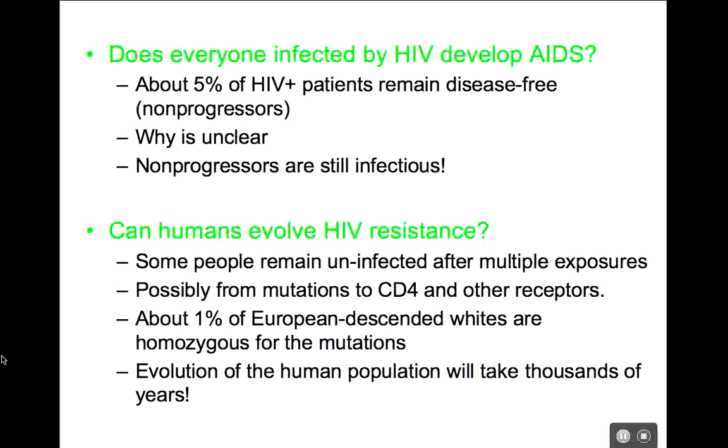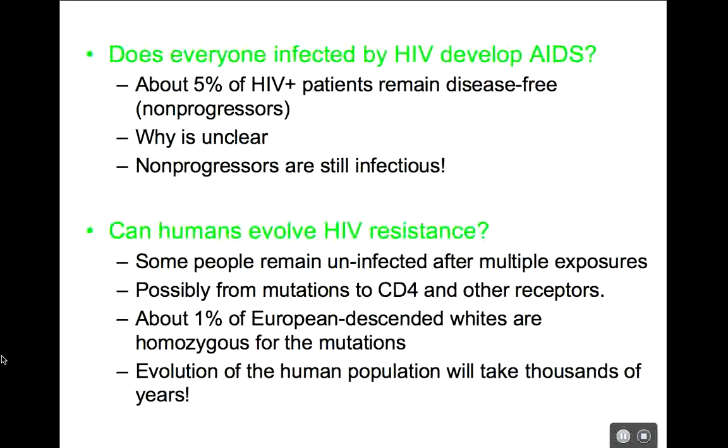Can humans evolve resistance to HIV? There's some evidence to show that yes, we can evolve resistance. Some people remain uninfected even after multiple exposures. There's been some work done with women. There are actually groups of prostitutes in Africa who have been exposed to HIV multiple times.